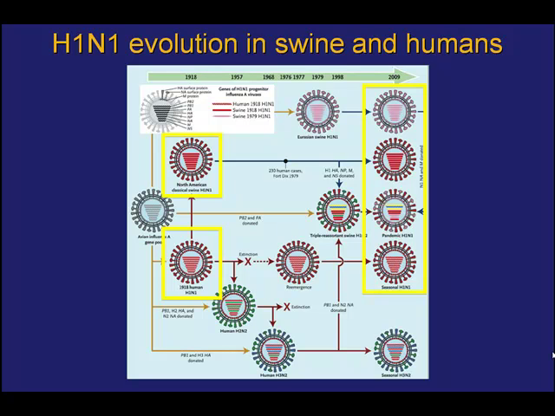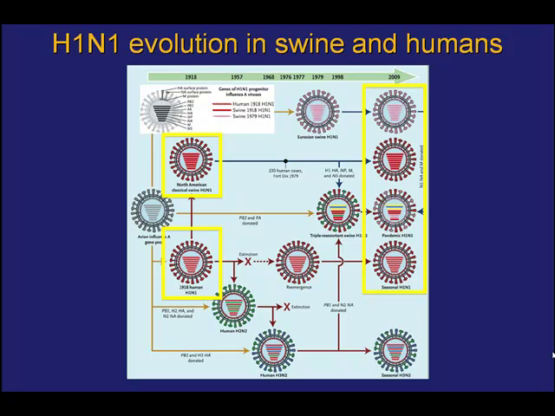To illustrate my point about the differences between swine and human viruses, I will make an attempt to explain this complicated figure about the evolution of H1N1 viruses in swine and in humans. The swine H1N1 viruses in the US and the early human H1N1 viruses both derive from the 1918 pandemic virus.